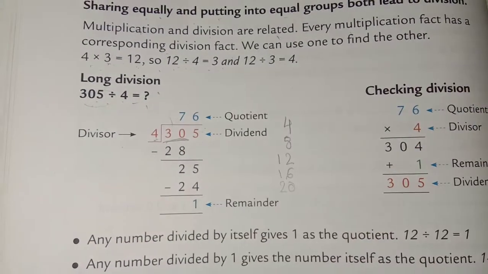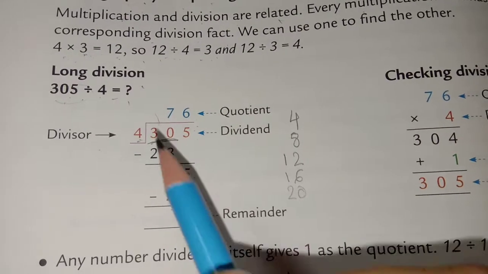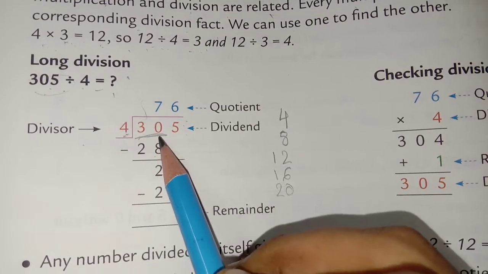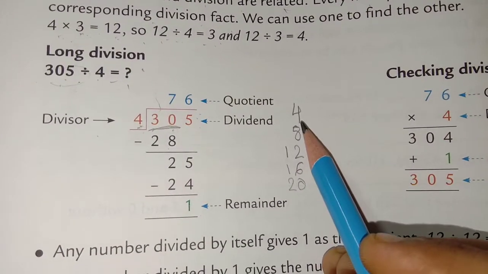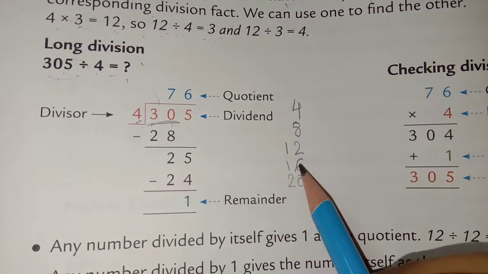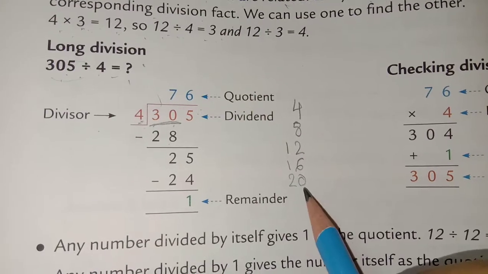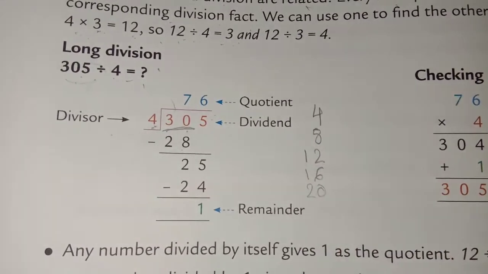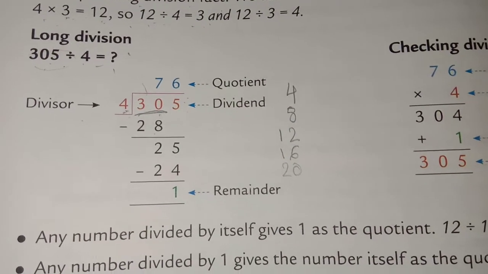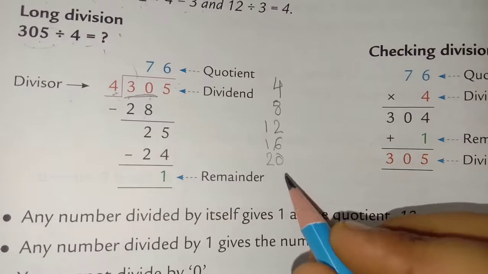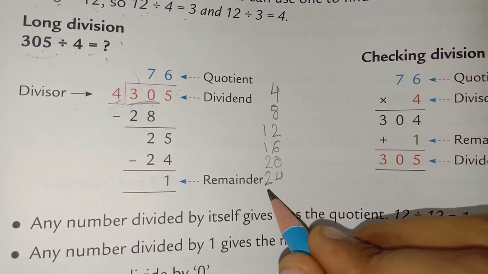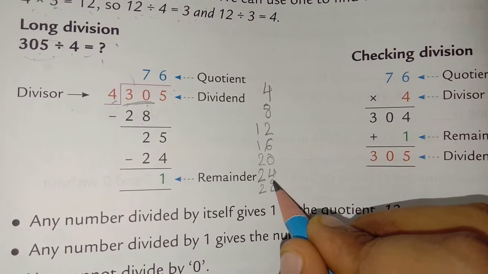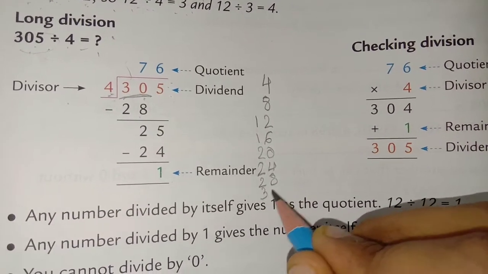Okay. So we are going to take these two numbers, 30. Now here we have written the table only till 5th. 4 5s are 20. So we have to write ahead also, forward also. After 4 5s are 20, 4 6s are 24, 4 7s are 28, and 4 8s are 32.